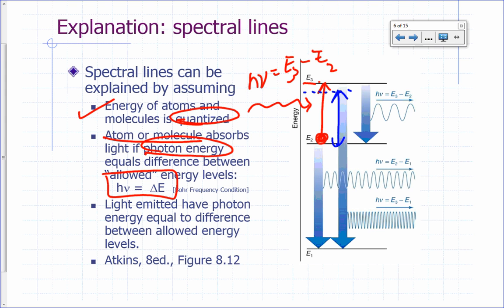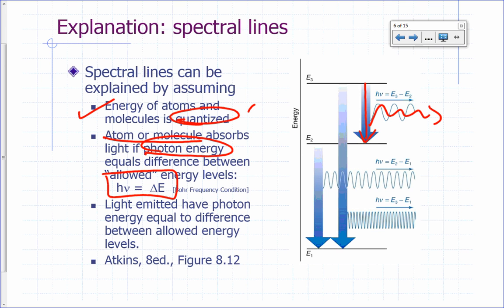Okay, now if an atom were to generate light, or a molecule were to emit light, again, the same thing. Let's say it went from E3 to E2. Then the light that it produces, the photon that's released when it drops from E3 to E2, must correspond to the difference between E3 and E2.